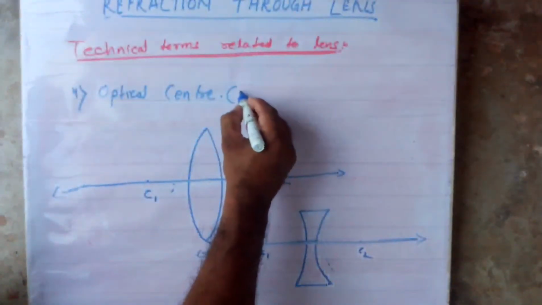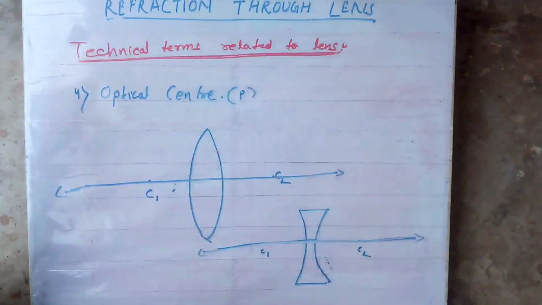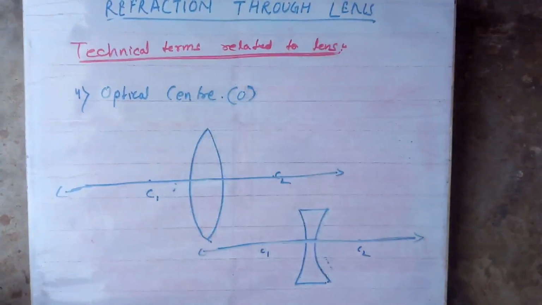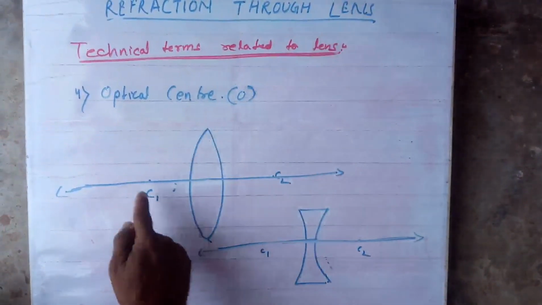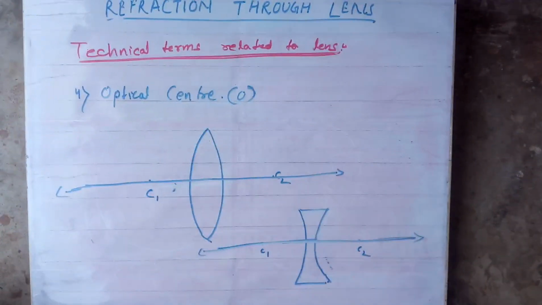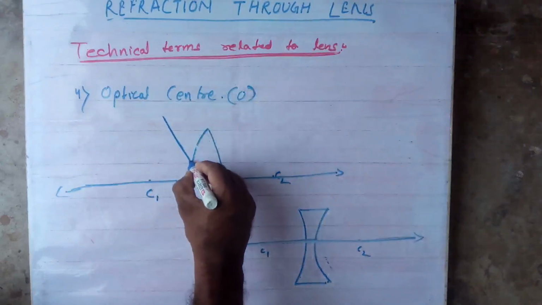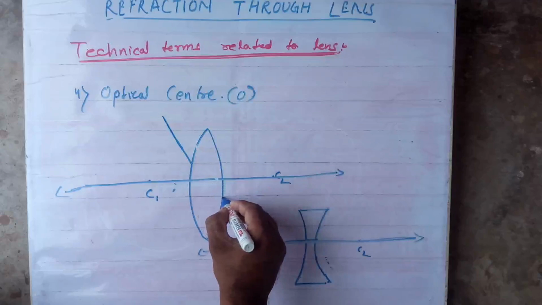It is generally denoted by P or O. So optical center is the point on this principal axis through which when a light ray passes, it goes without any deviation, in the same direction. Suppose a light ray is incident, this ray goes without any deviation, same direction only.